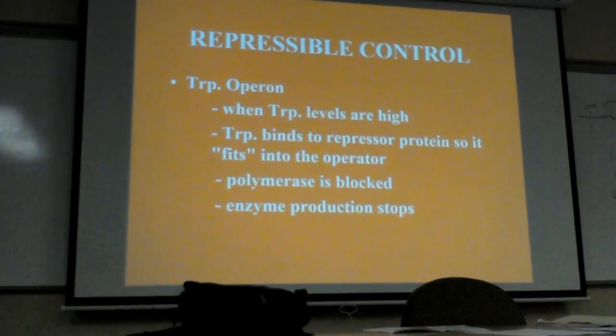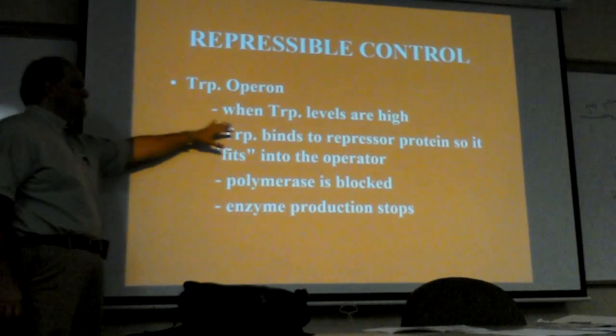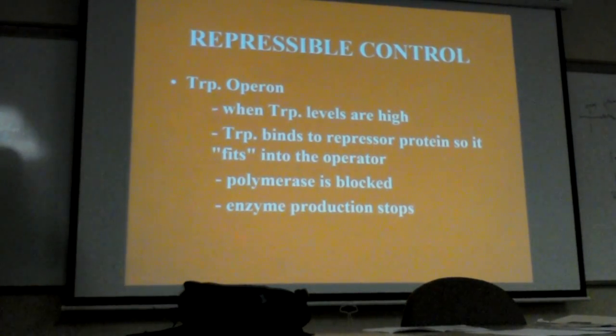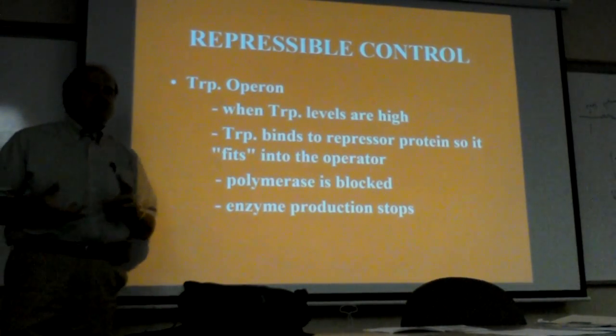And that in and of itself is a repressible system, because this is all about making enzymes to make tryptophan. Tryptophan itself is what shuts the system down. That's why we call it repressible. The product you're making turns the system off.